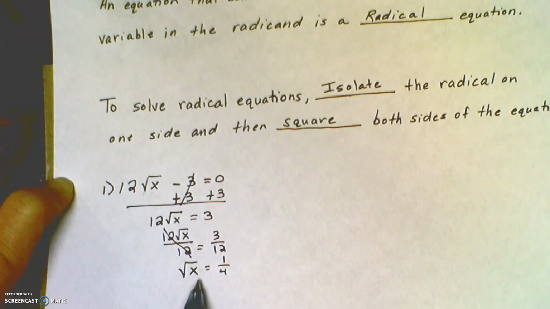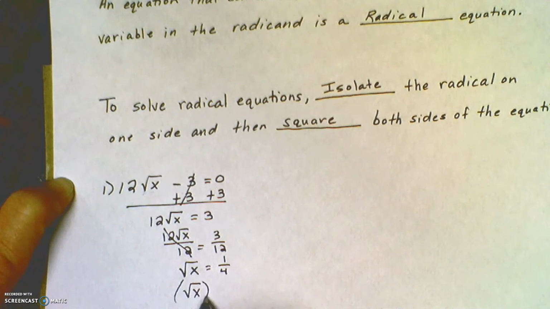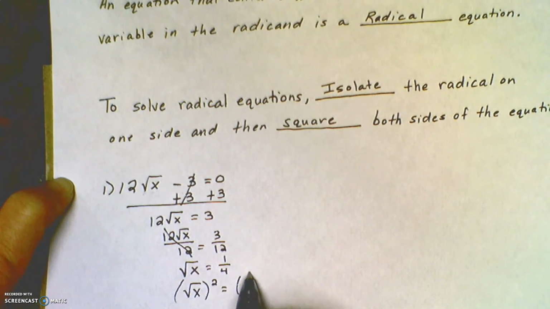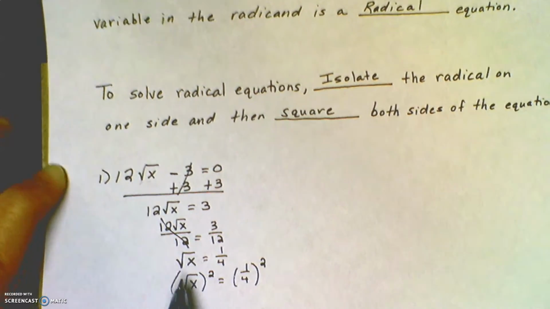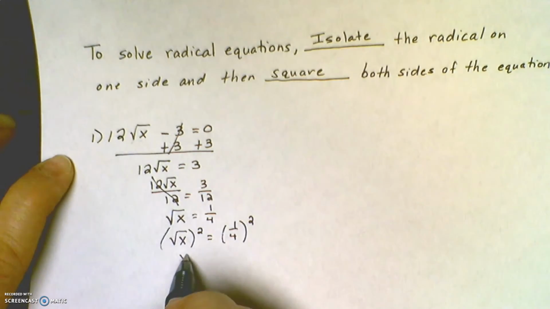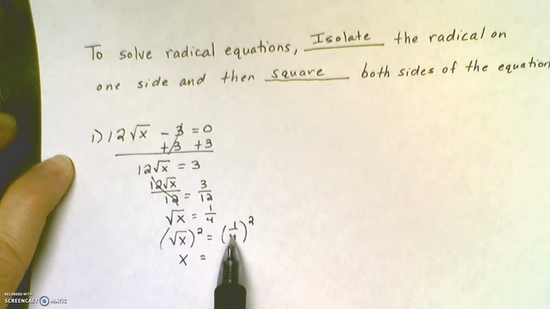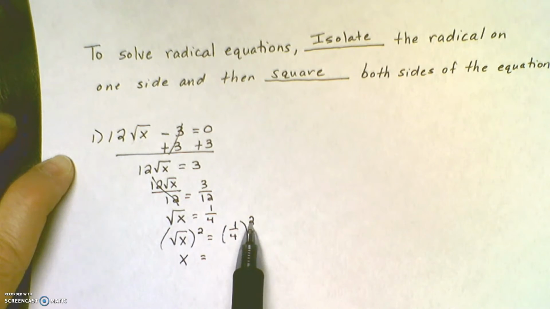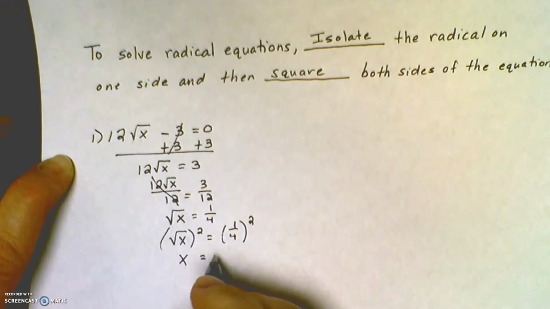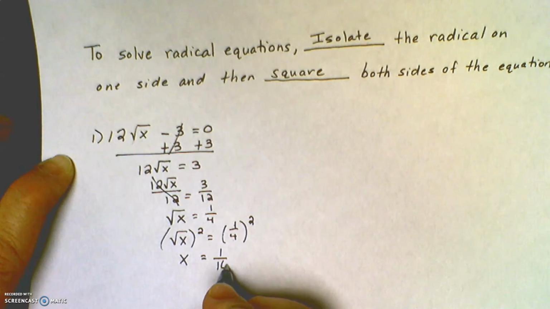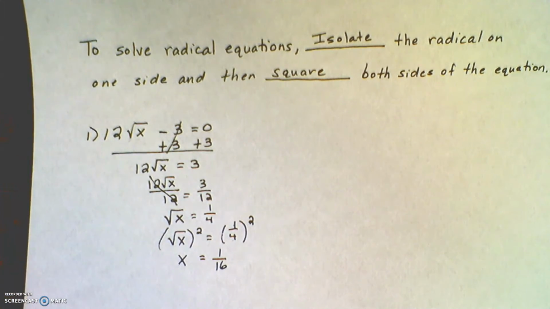Square both sides after we've isolated the radical. So square and square. Square root of x squared is x. 1/4 squared, 1 squared is 1, 4 squared is 16. We need to check x is equal to 1/16.